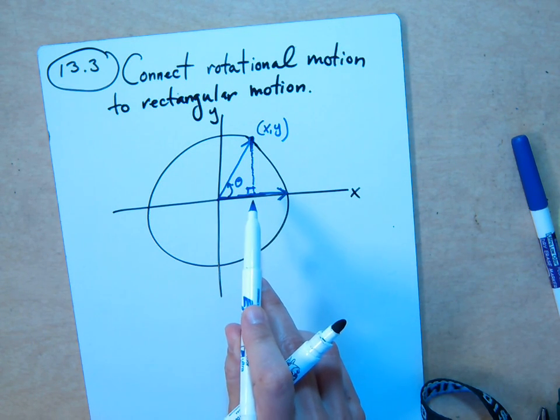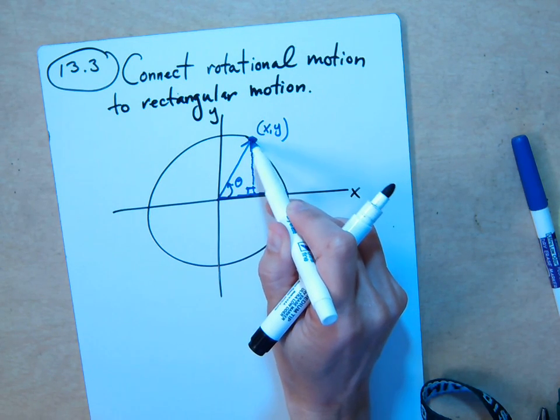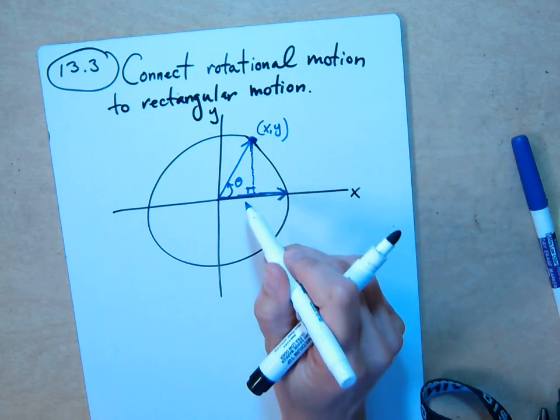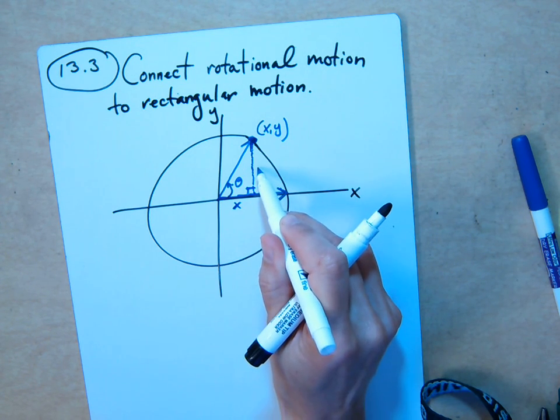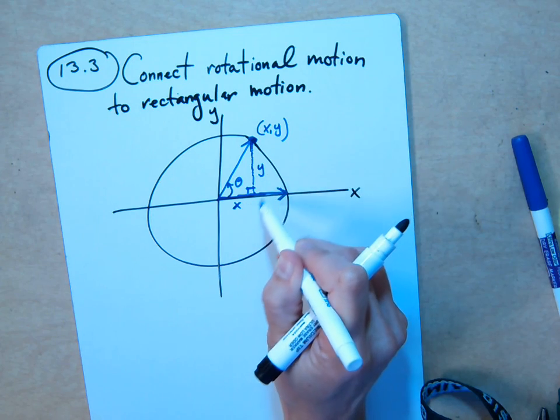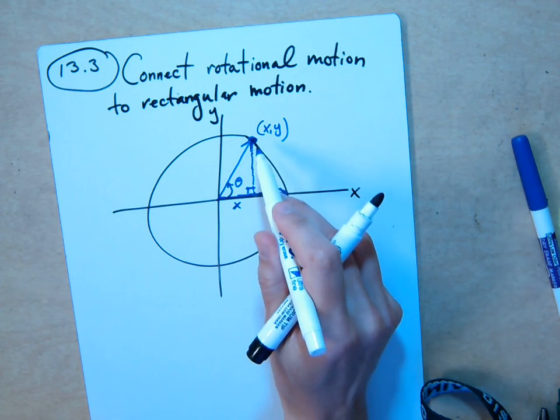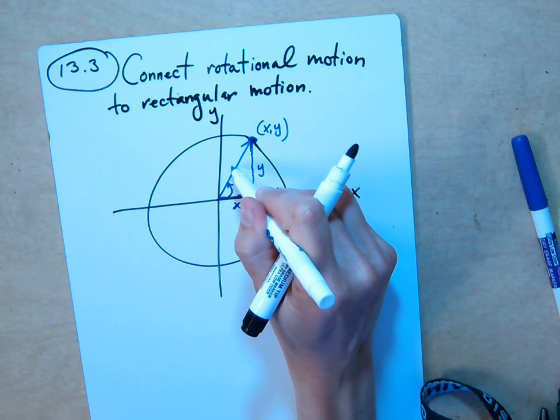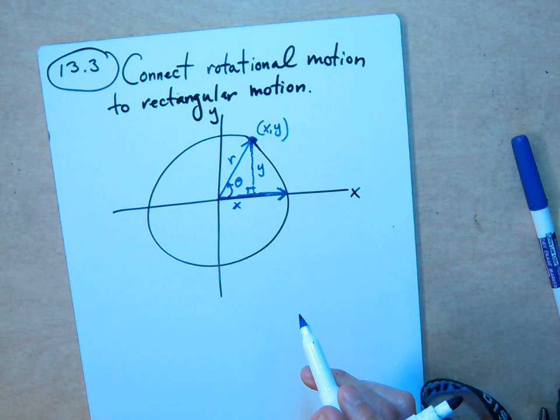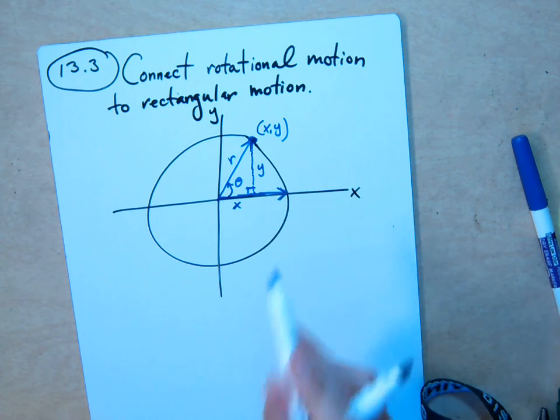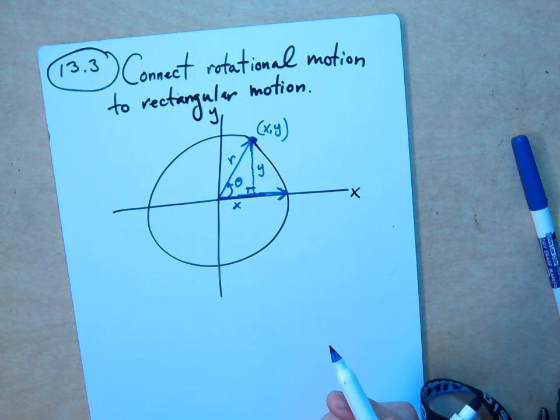So the point on the circle, x, y: you move to the right x and up y, both positive here. And this hypotenuse is the radius of the circle, r. This picture is fundamental to the start of trig.